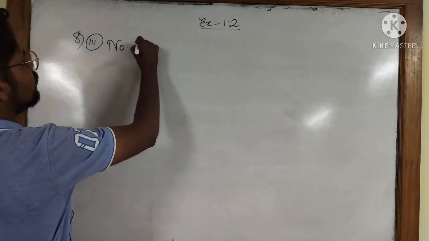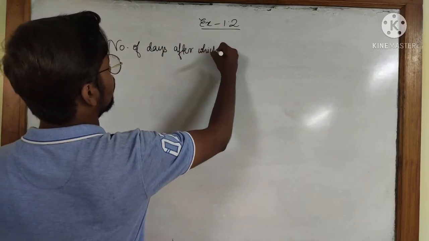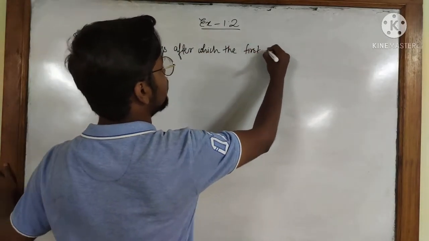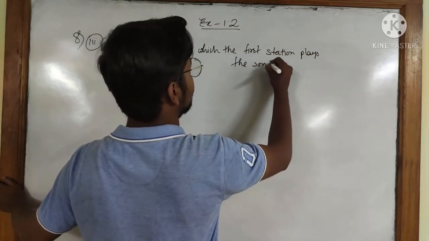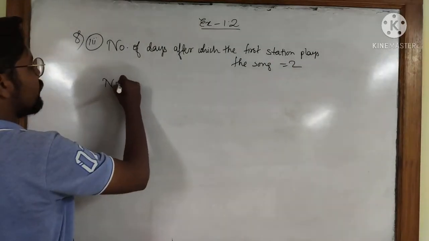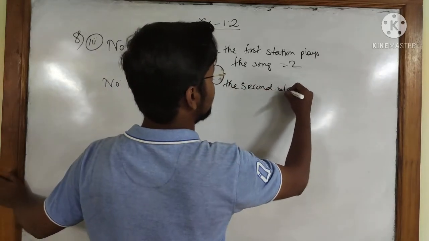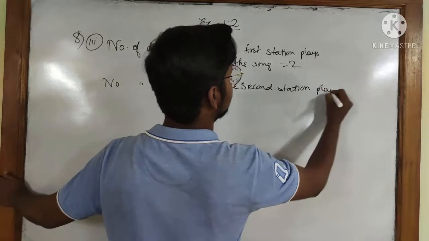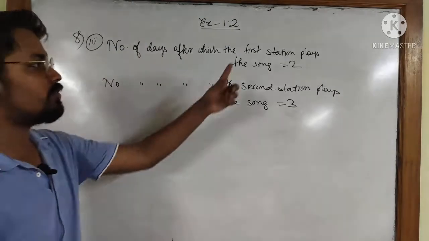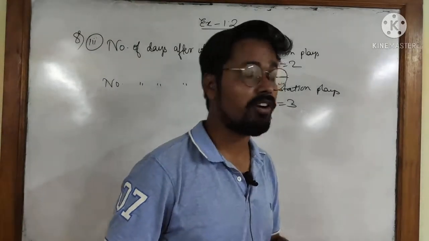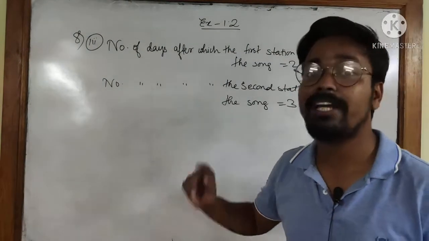Number of days after which the first station plays the song is equal to 2, and number of days after which the second station plays the song is equal to 3. So one radio station plays the song after 2 days and another radio station plays the song after 3 days. Now we have to find in 30 days how many times will they play it together.